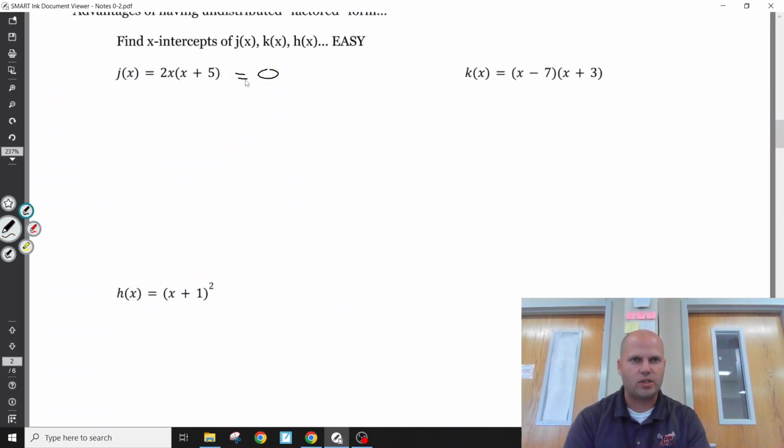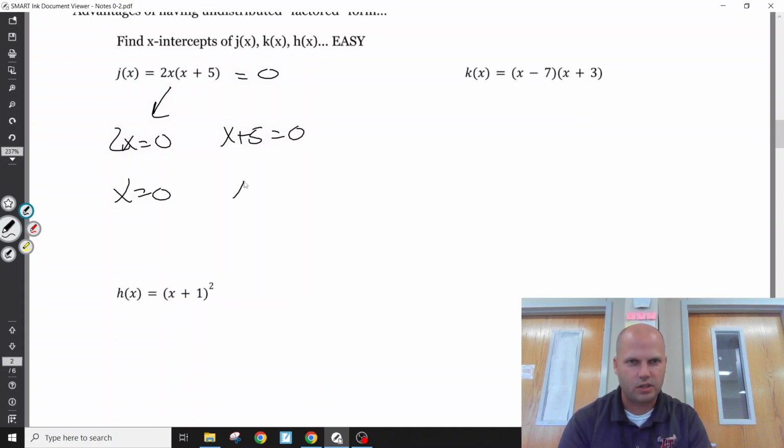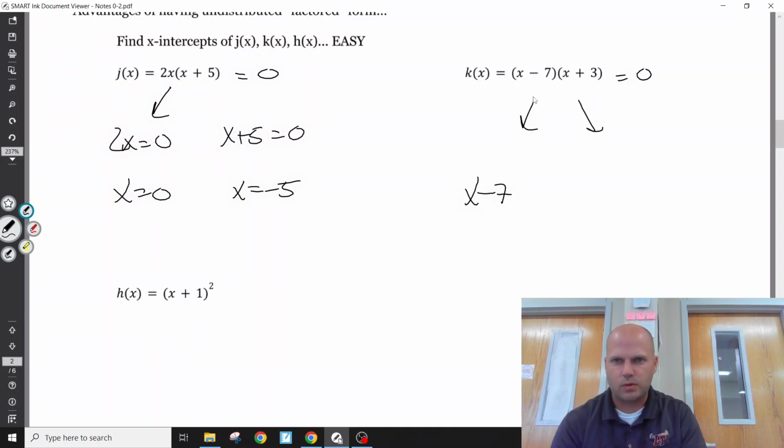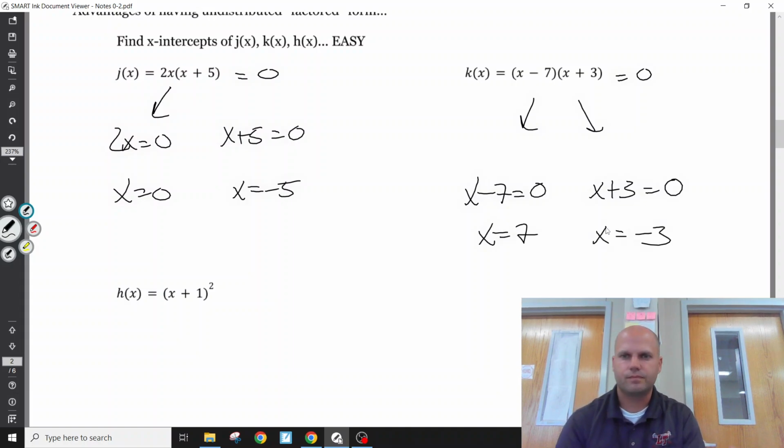If I have this equation set equal to 0, it's easy. As long as one piece of my product equals 0, everything equals 0. Here, x could equal 0, x equals negative 5. Here, x equals 7, and x equals negative 3.